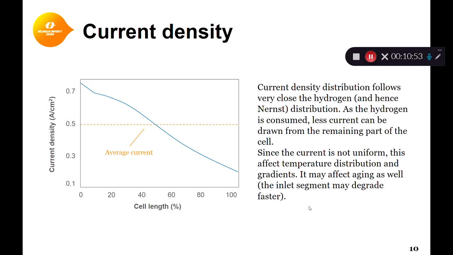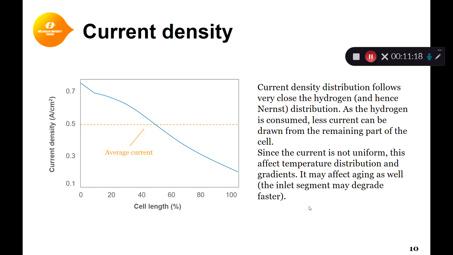The current density distribution follows the hydrogen distribution, and so it follows very closely also the Nernst potential distribution. So we can see that it also decreases fairly linearly from the inlet of the cell to the outlet if the cell is fed by pure hydrogen.